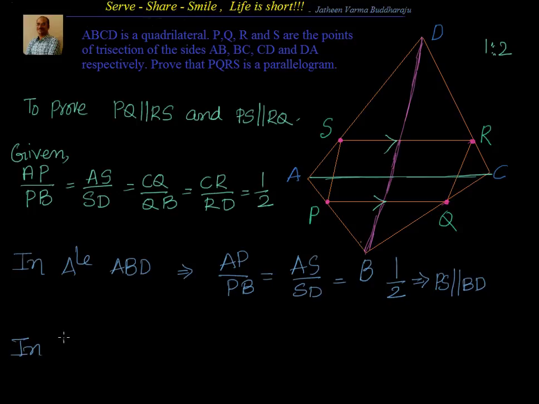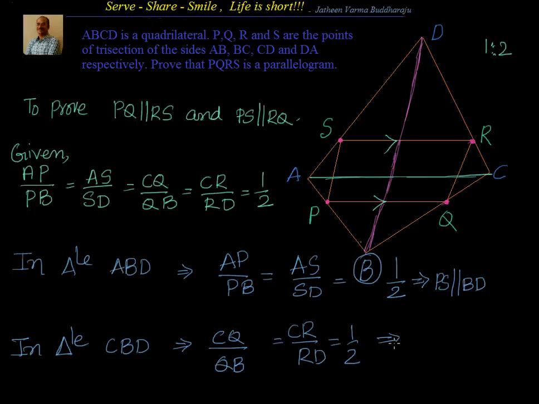Similarly, we consider the other triangle, triangle CBD. In triangle CBD, we know that CQ by QB is equal to CR by RD. That is also equal to 1 by 2.